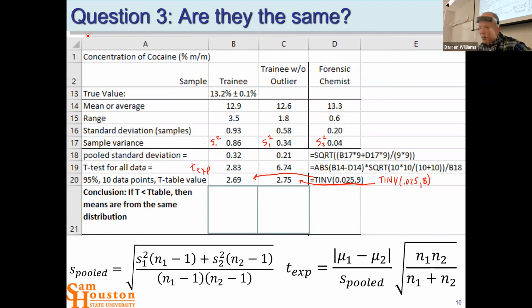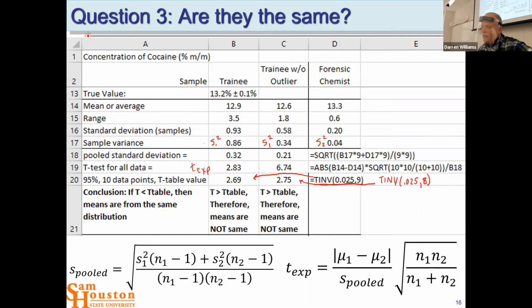And so then we have our t-test here. We have 2.83, and that's greater than 2.69. And in this case, we have 6.74 is greater than 2.75. So in both cases, t is greater than the t from the table, or t critical.